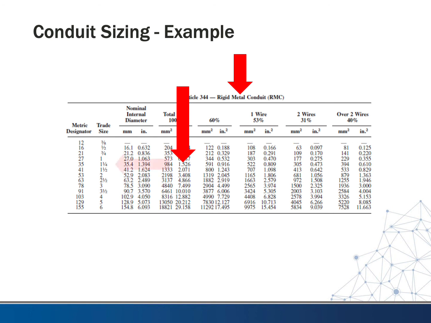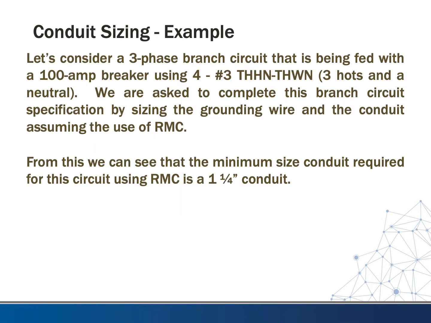And so then we read it over to the trade size, so that's going to be 1.25 inches. So that's the minimum trade size conduit to be code compliant for this branch circuit. So from this, again, we can see that the minimum size conduit required for this circuit using rigid metallic conduit or rigid metal conduit is 1.25 inches.